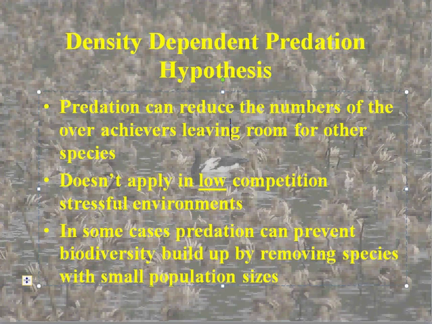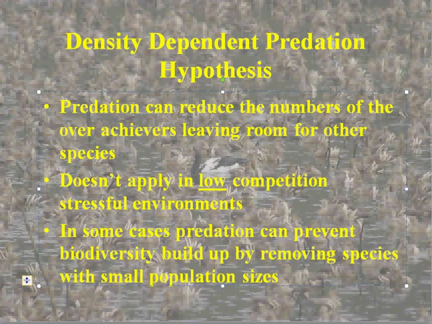It's actually been shown in some ecosystems, however, that predation can prevent biodiversity build-up by removing species with small population sizes. So if a population tries to colonize a particular area, it initially is going to have a small population size. If a predator moves against that species before it gets to a large enough population, it will be wiped out.